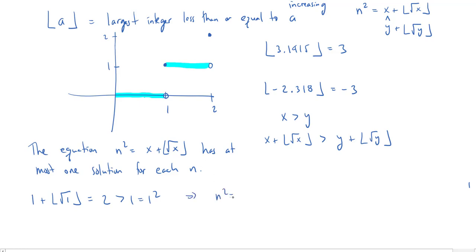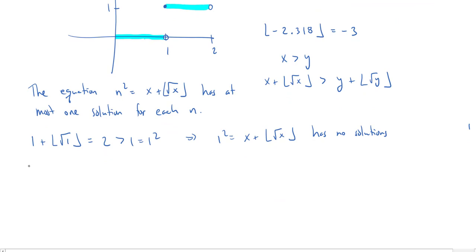So n squared, or in this case 1 squared, equals x plus the floor of root x has no solutions. Okay, so that means we're going to start with our n being greater than 1. So from now on, assume n is greater than 1.